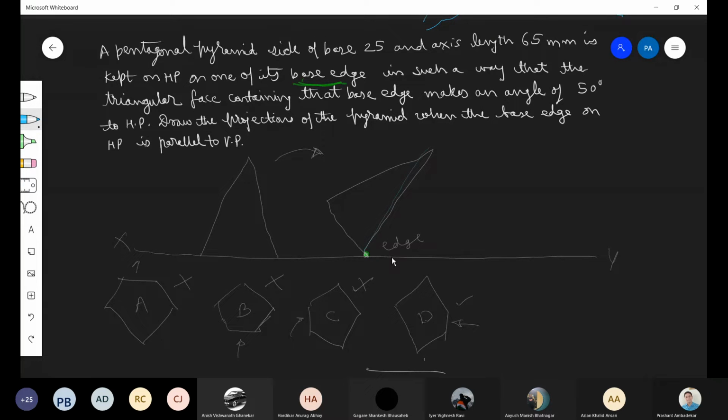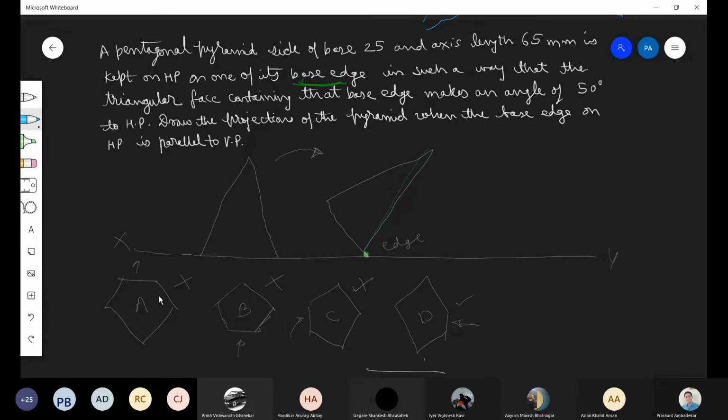Actually this is something to be taught later, but since you asked, I will tell you right here. Base edge on HP means what is on HP? Answer my question. Base edge on HP means what on HP? The base edge is there. And then it is to be made parallel to VP. So before making it parallel to VP, the base edge must be on HP. If there is no base edge on HP, we cannot make it parallel to VP.